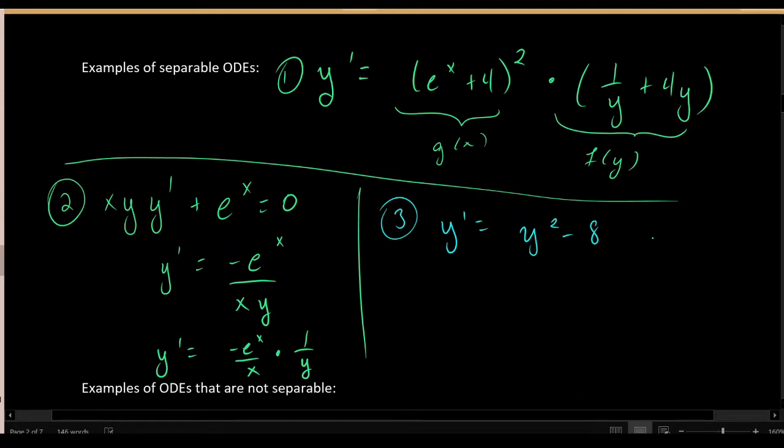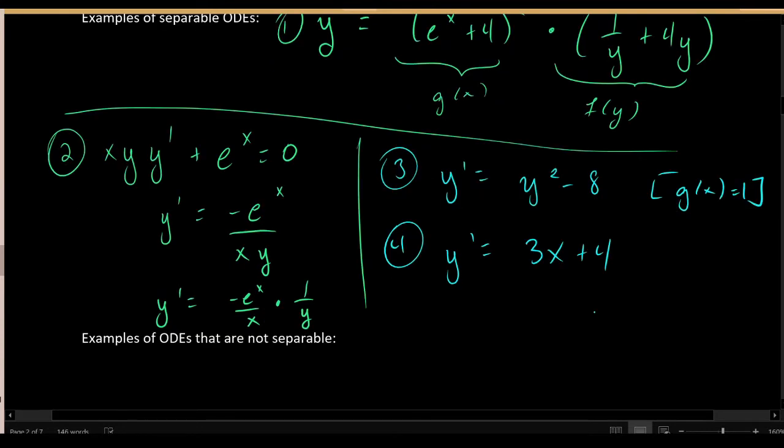In this case, the function of x alone is just the constant function 1. And similarly, if you have something like y prime equals 3x plus 4, one of these Calc 2 differential equations, this would also be considered separable. In this case, the function of y alone would just be considered the constant function 1.